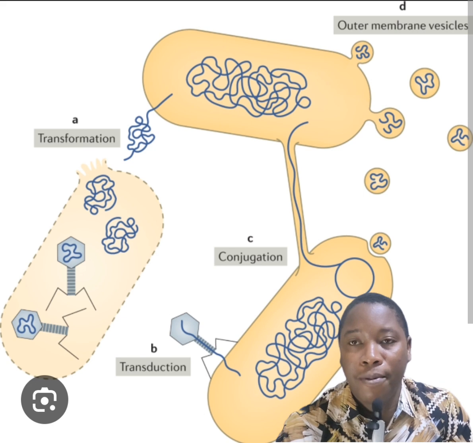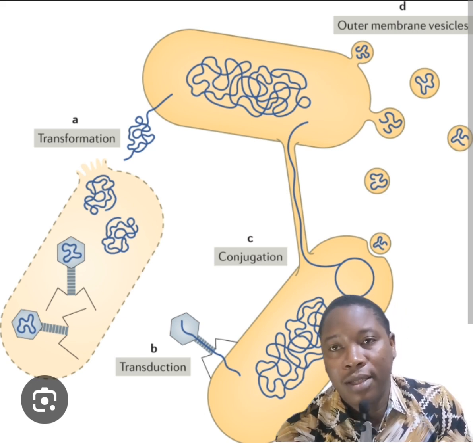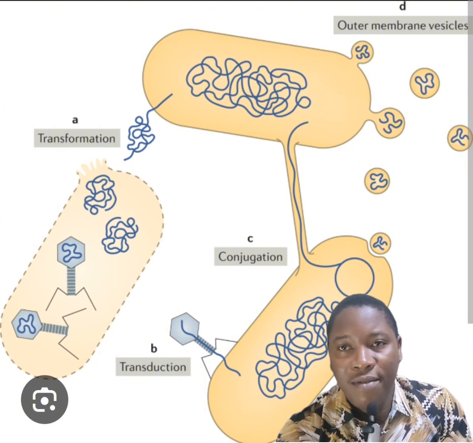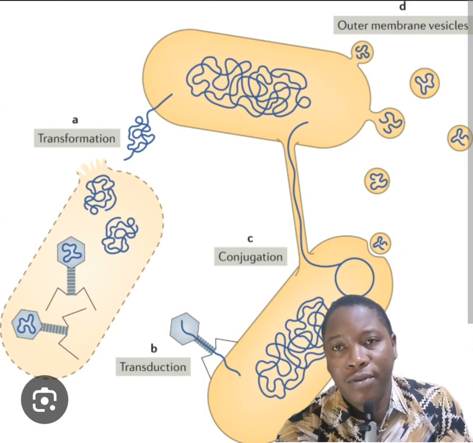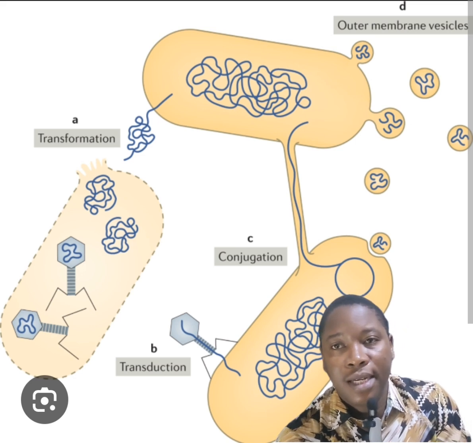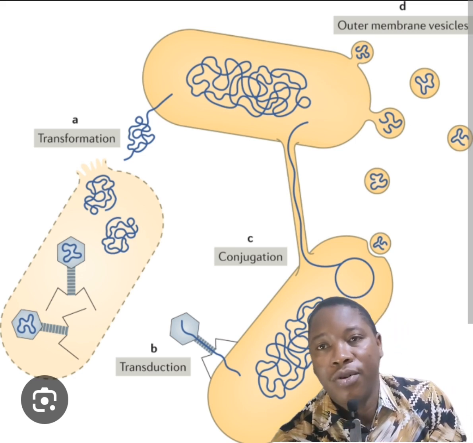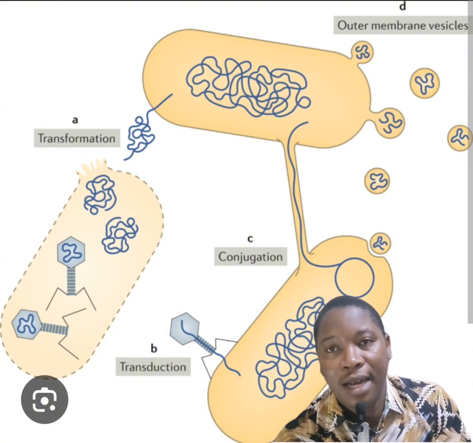And the third one is transduction. In transduction, there's a transfer of genetic materials from bacteria A to bacteria B through a virus, what we call a bacteriophage. The virus is able to infect and invade a bacteria, take part of its genetic material, and then go and infect another bacteria.